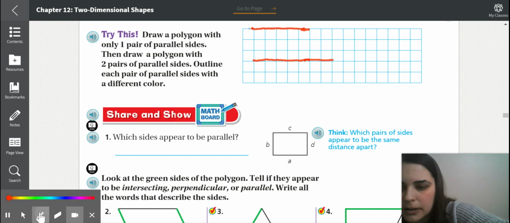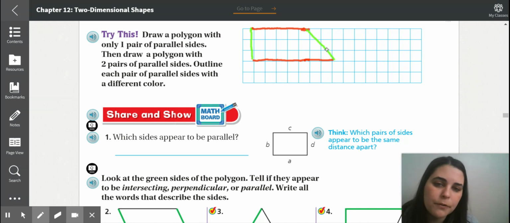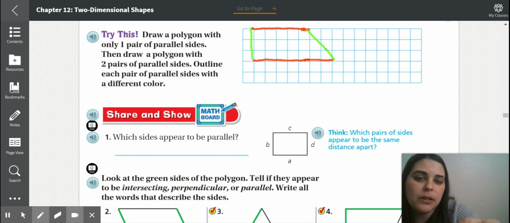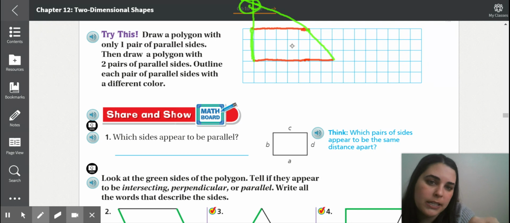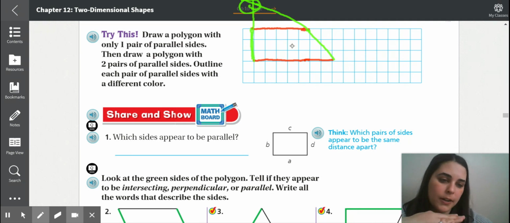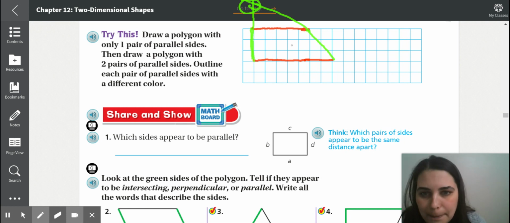And then I'll do a different color. So if we're looking at the green lines, those are not parallel because they will eventually crash into each other. If I kept this going, they would eventually make an angle right there. But these orange lines here, they'll never ever cross. So those are the two lines that are parallel. Okay.